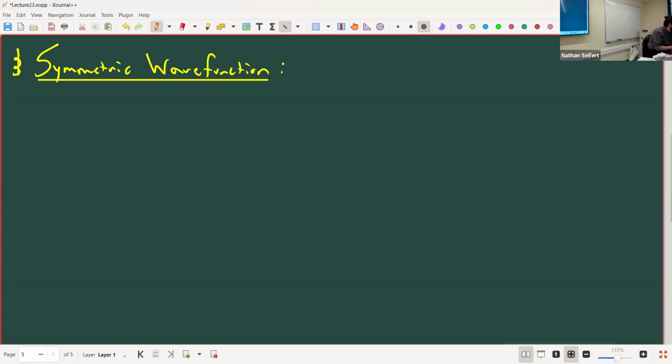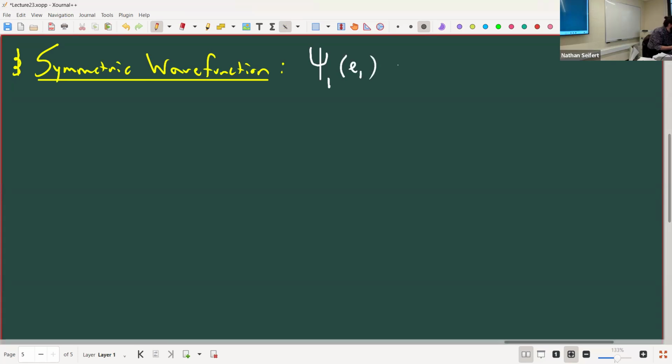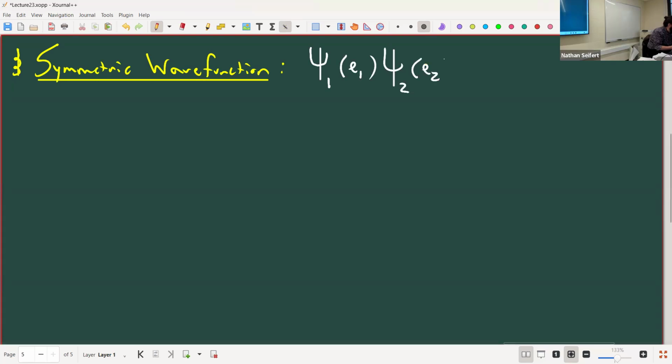Let's imagine again I have one orbital that tracks electron 1 multiplied by another orbital that tracks electron 2. This is equal to plus the wave function combination where the electrons have been swapped.